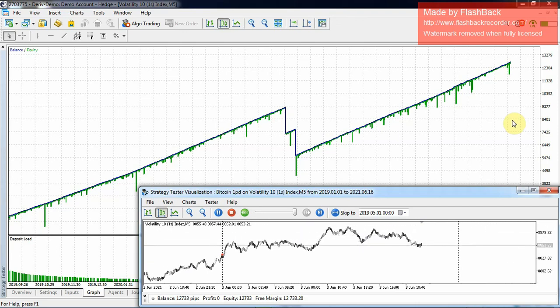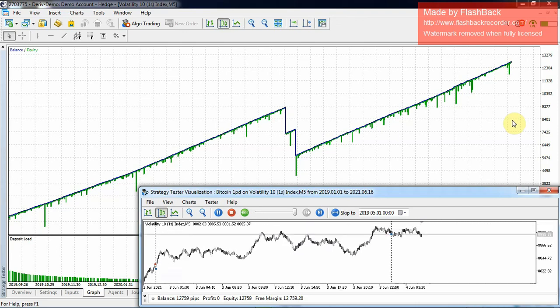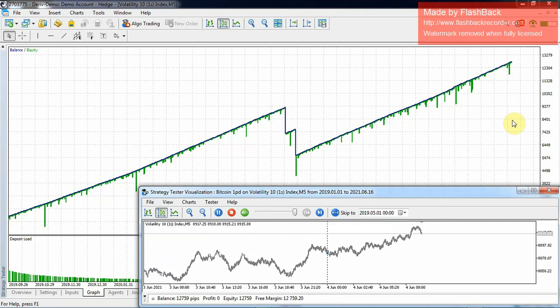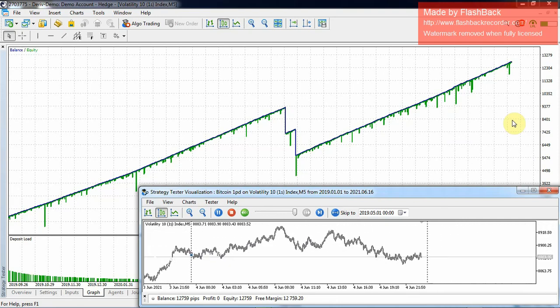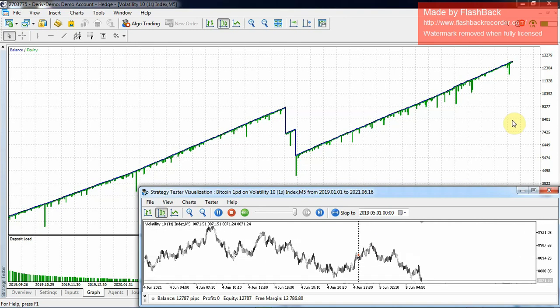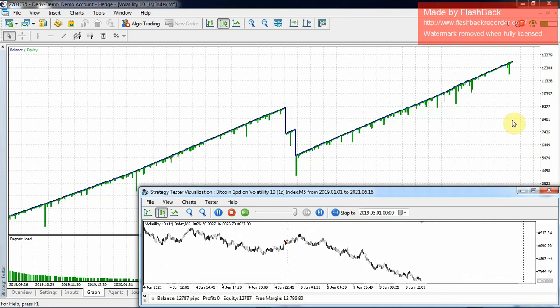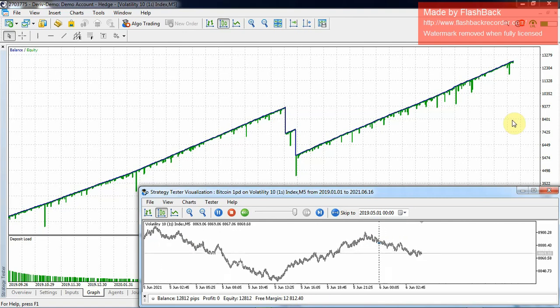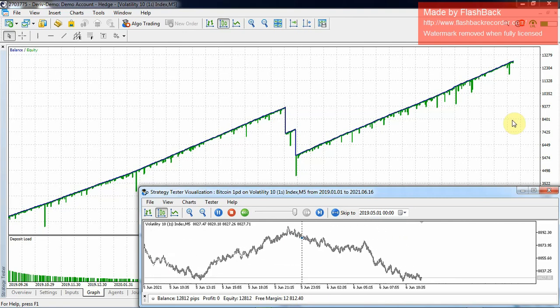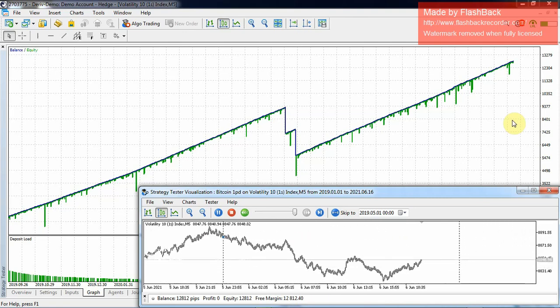The backtest is almost coming to an end. Let's see how this robot trades in the final days of June there. We are in June.